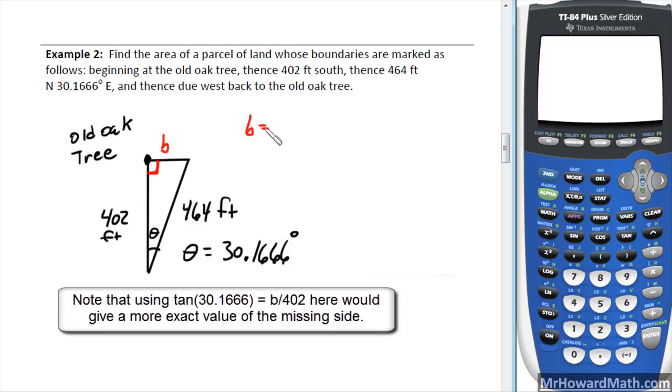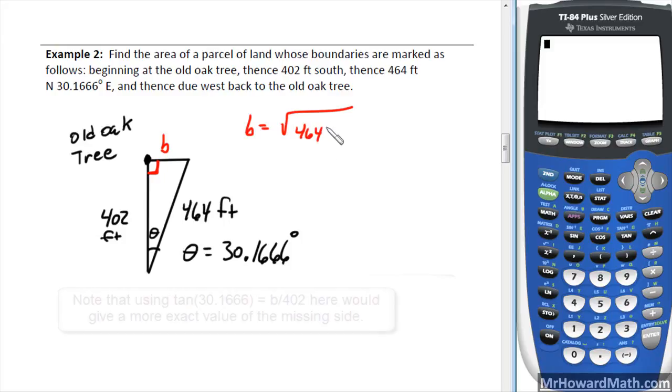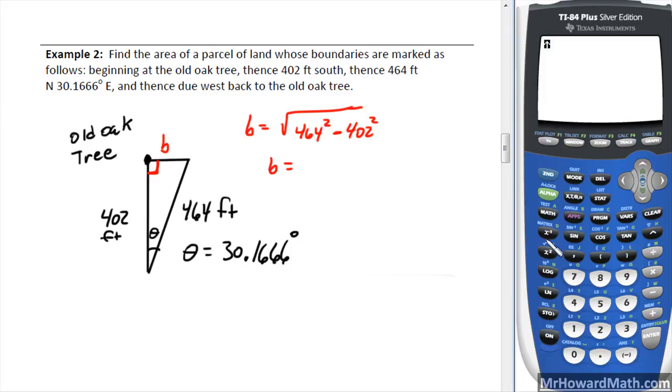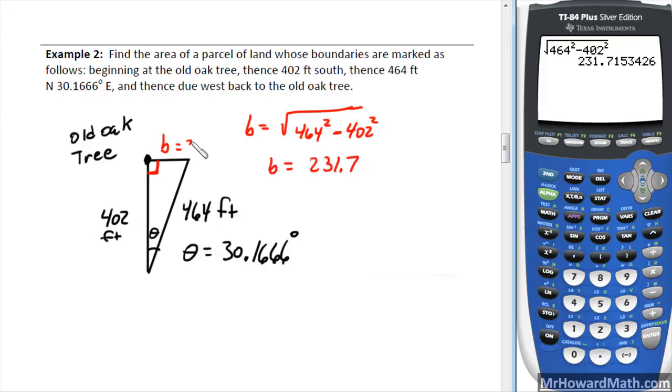So B is equal to the square root of 464 squared minus 402 squared. So that length is equal to, type that in our calculator here, and we get 231.7 feet. Write that here, and that is in feet.